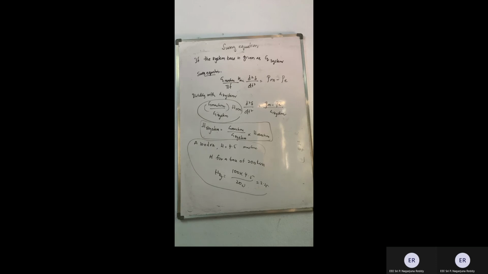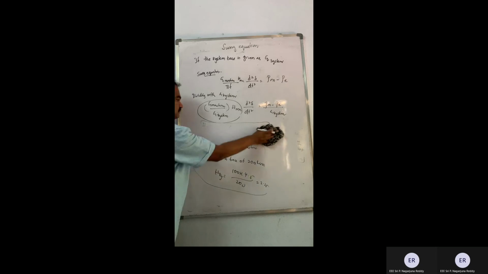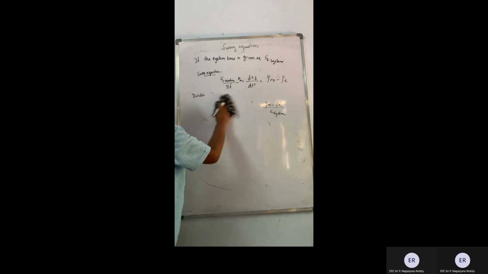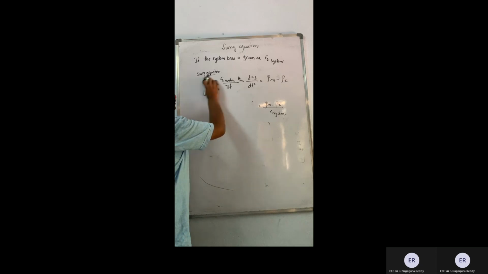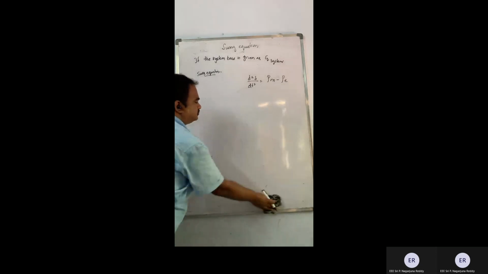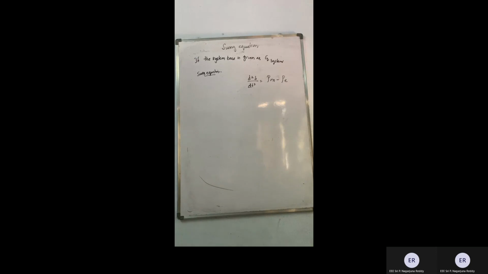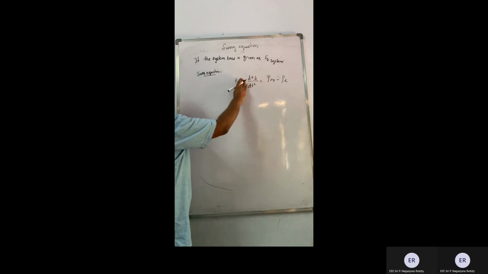Okay. Now, let us suppose there are two machines. If there are two machines, I'll be considering this one as H equivalent, right?